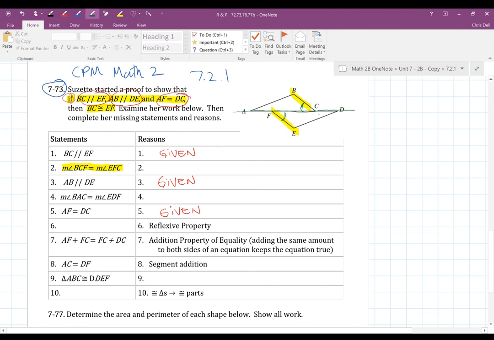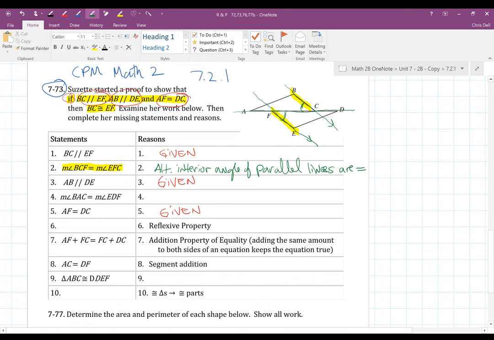We have two parallel lines cut by a transversal, so you have what we call alternate interior angles. So we would say alternate interior angles of parallel lines are equal.